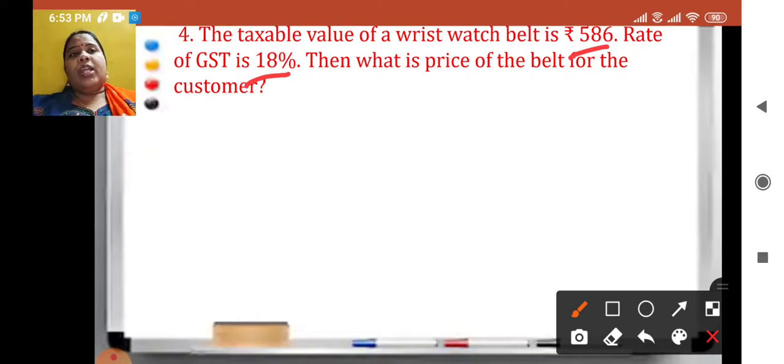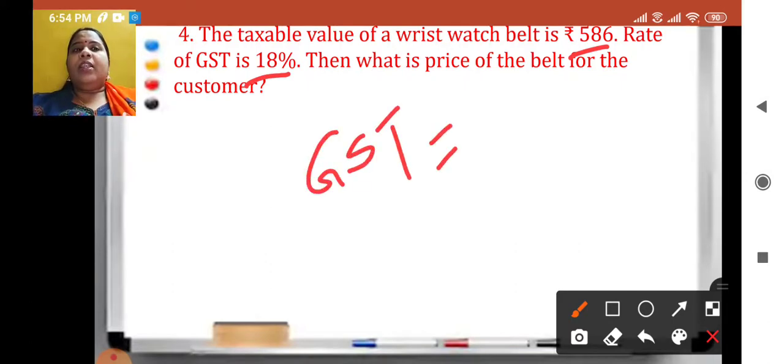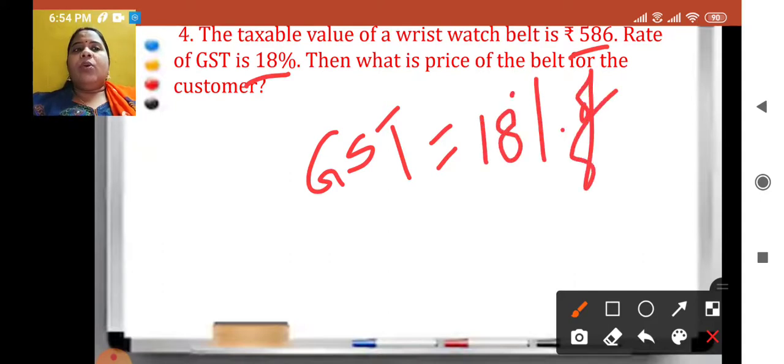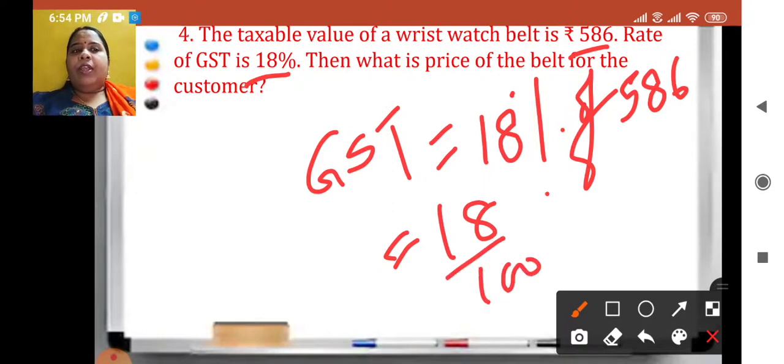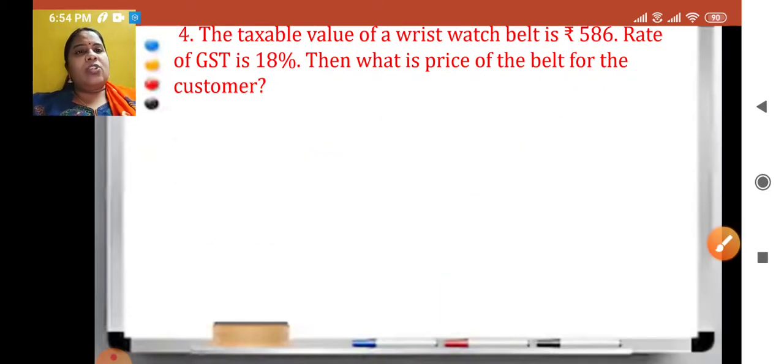So first you calculate how much GST you have to pay. How to calculate that? It will be 18% of the taxable amount. What is the taxable amount? 586. Okay. 18% means 18 upon 100 into 586. You need to calculate this GST amount first. That is not given.